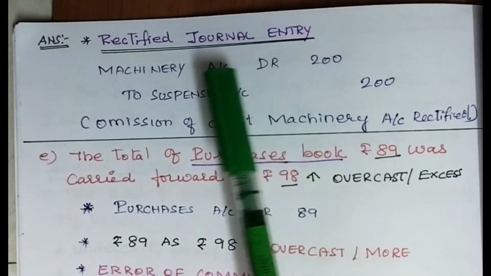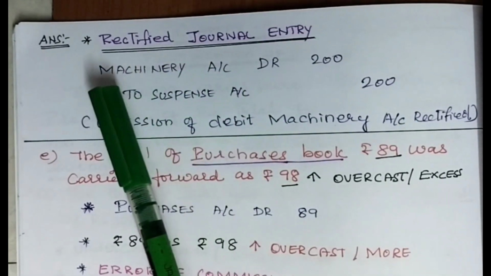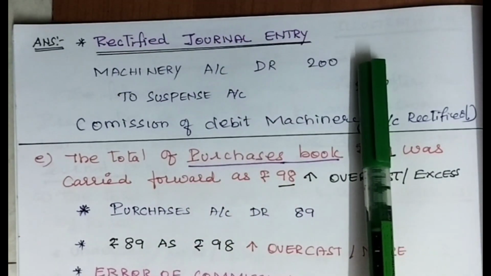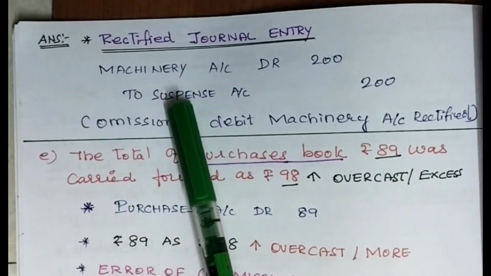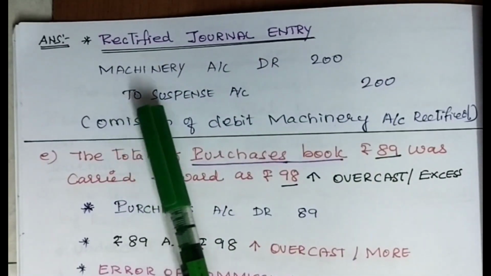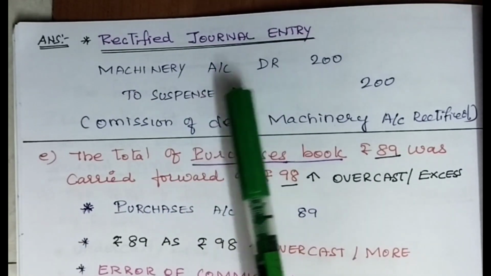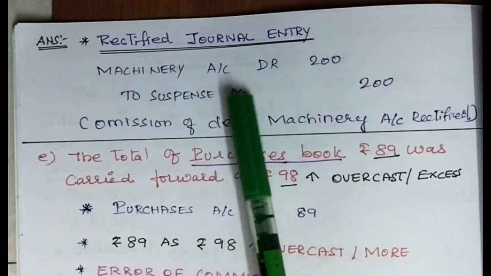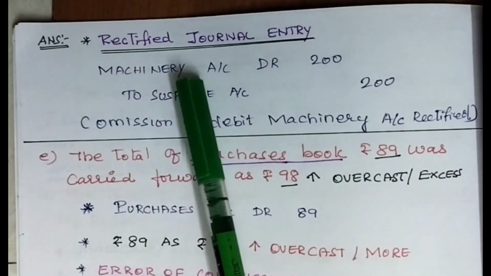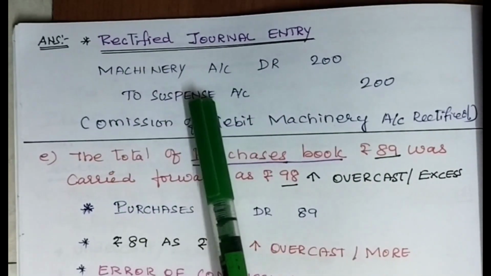Machinery account is on the debit side. Machinery account debit 200 rupees to, we create the suspense account to tally the trial balance. On the credit side, we enter the suspense account for 200 rupees. So the rectified journal entry is machinery account debit 200 rupees to suspense account 200 rupees.